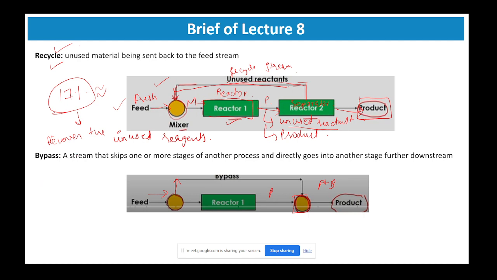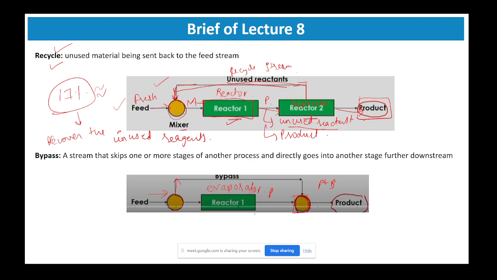Such operation is required in certain cases. One example is the industries that prepare fruit juices. If I have some fruit juice that is not concentrated and I want to concentrate it, the process unit will be an evaporator, because I want to remove water.